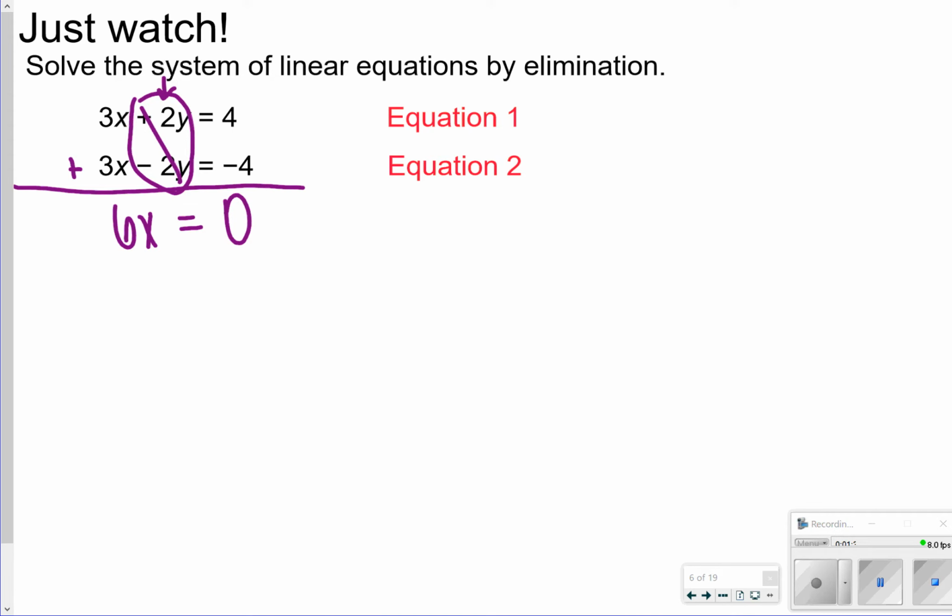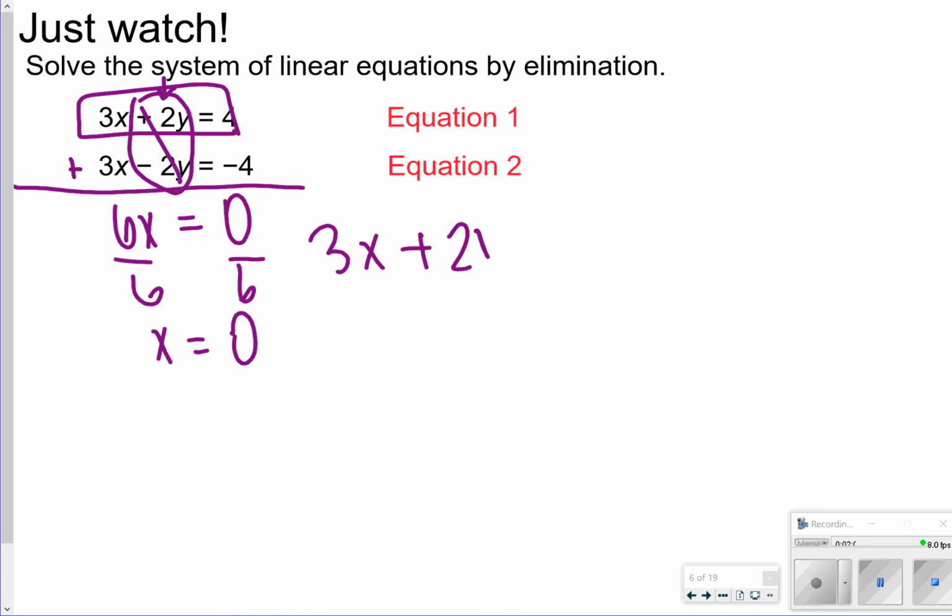Once I solve for that, I get x is equal to 0. What I can do now is go on to, so that was just step 3, solving the resulting equation, and then step 4 would be substituting this value back into an original equation. I'm going to choose this first one right here of 3x plus 2y equals 4, and I'm going to plug in x for 0.